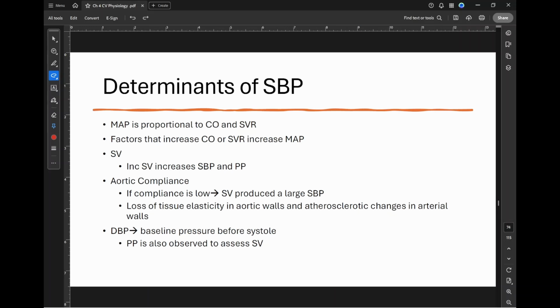Stroke volume. Any increases in stroke volume will increase systemic vascular resistance and your systolic blood pressure. More blood is leaving the heart, more pressure. Keep in mind, wherever there is volume of blood, there's going to be pressure there as well. The more blood, the more pressure.